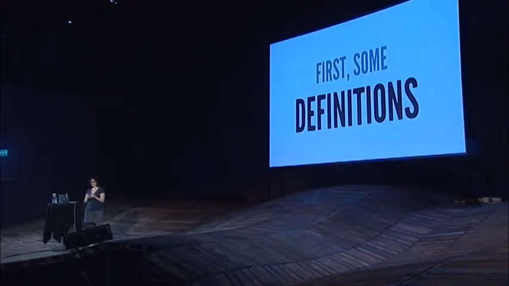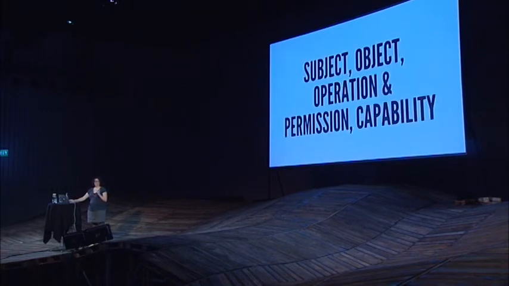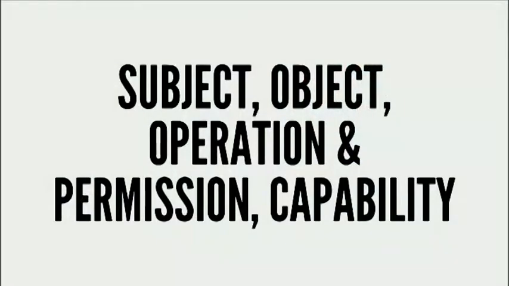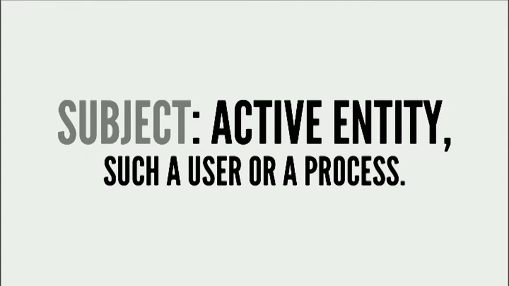So I already talked about the principle of least privilege, and now I'm going to discuss some other terminology, and then I'm going to talk about the two most widely known approaches for managing access restrictions. So the things I'm going to talk about are subject, object, operation, and permission and capability. So subject is an active entity, such as a user or process.